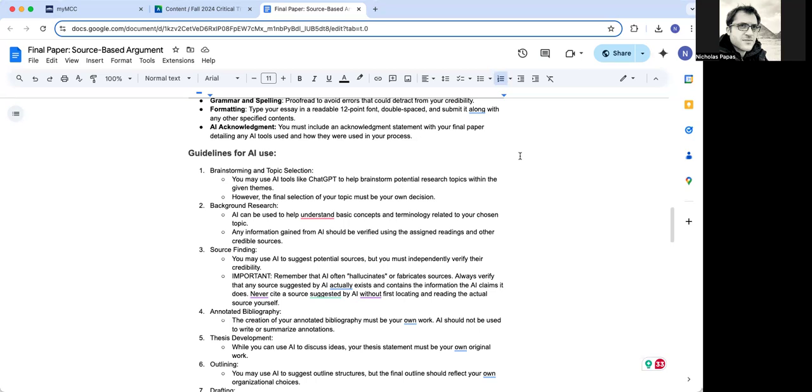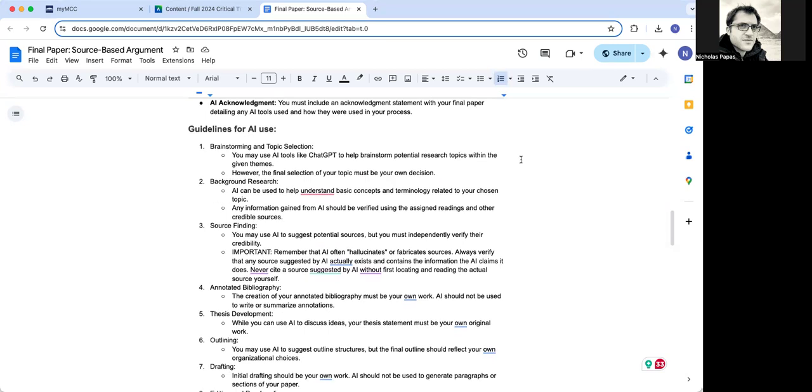In fact, everybody should have one, even if you don't use it. So you should have an AI acknowledgement statement that talks through your process for using it and try to be as specific as possible. So those are some of the key things for this essay.